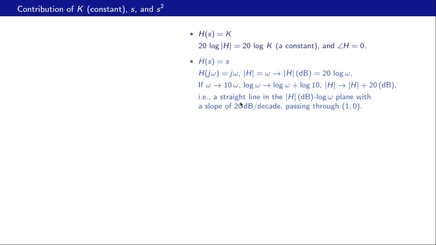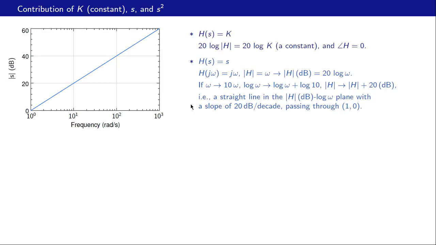So this is a straight line in the h versus log omega plane with a slope of 20 dB per decade passing through omega equal to 1, h equal to 0. If we put omega equal to 1 here, then 20 log of 1 is 0, and that is why we say that this line must pass through omega equal to 1, h equal to 0 dB. Alright, so that is a plot.